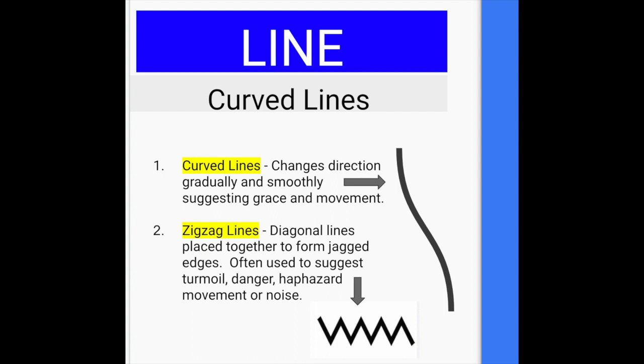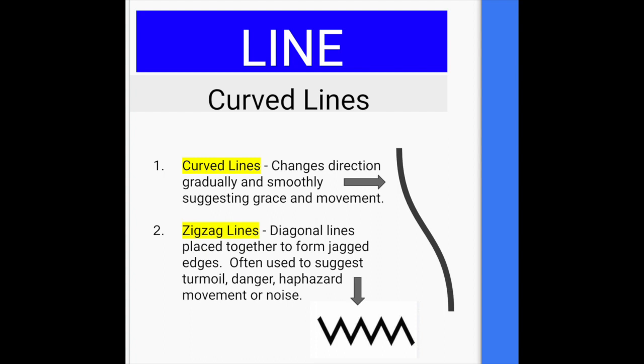A curved line is a line that changes directions gradually and smoothly to create that curve, and it suggests things like movement, which we're going to get to later in Principles of Design, and it suggests grace, just more solemn than a zigzag line.